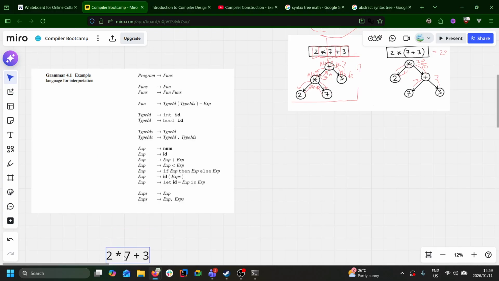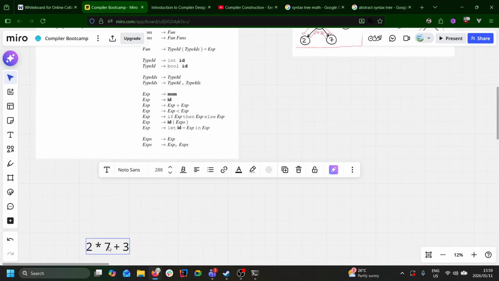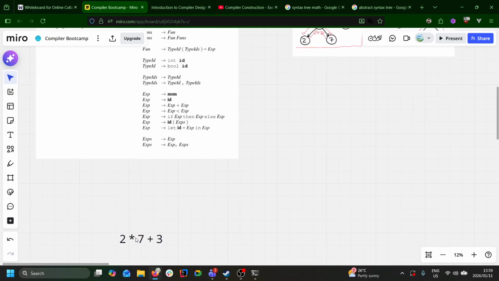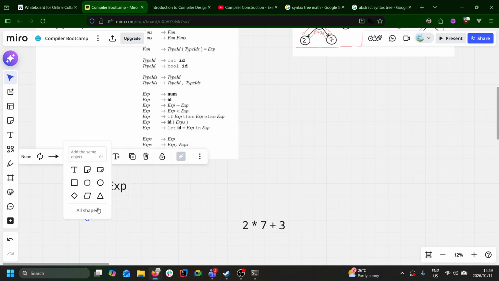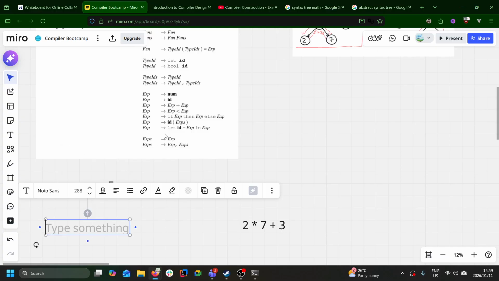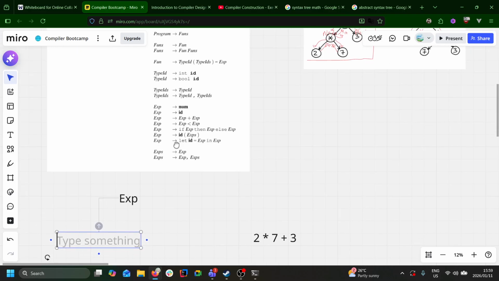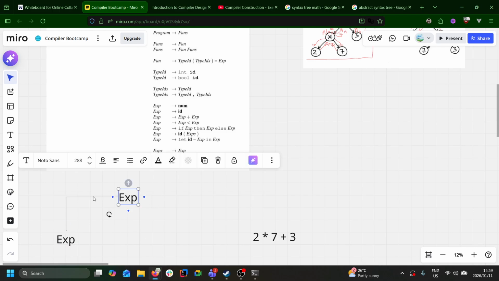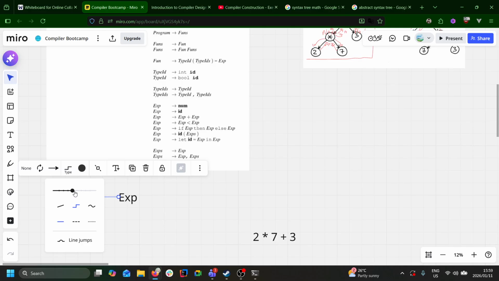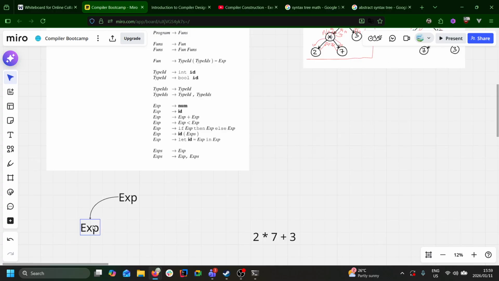And if we were to get the syntax tree for this one, it would probably be like exp, and let's see, exp. I'm just going to draw a segment just to demonstrate. Just make this thick, and also I want it to be free flowing as well.